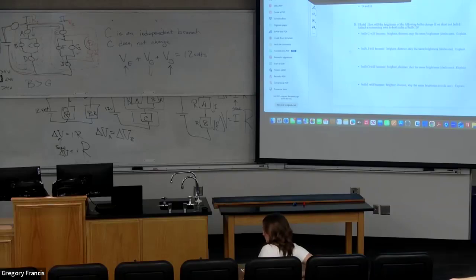The battery just pushes, just like when I blow on a straw, I just push for all I'm worth. And as you open switches or unscrew bulbs or change the circuit, you're just making it easier for the flow, but the battery just keeps pushing like it always has. And the result changes because you made one path easier by making your change or one path harder by making your change. Does that answer?